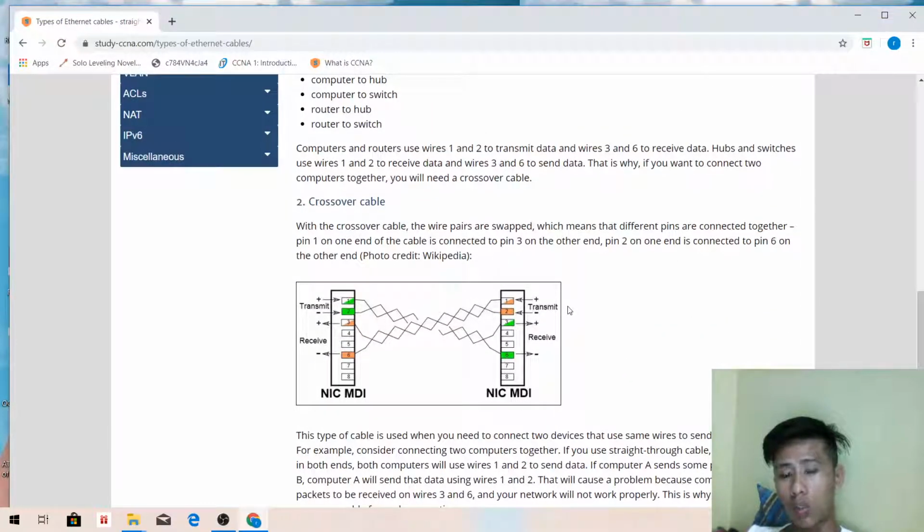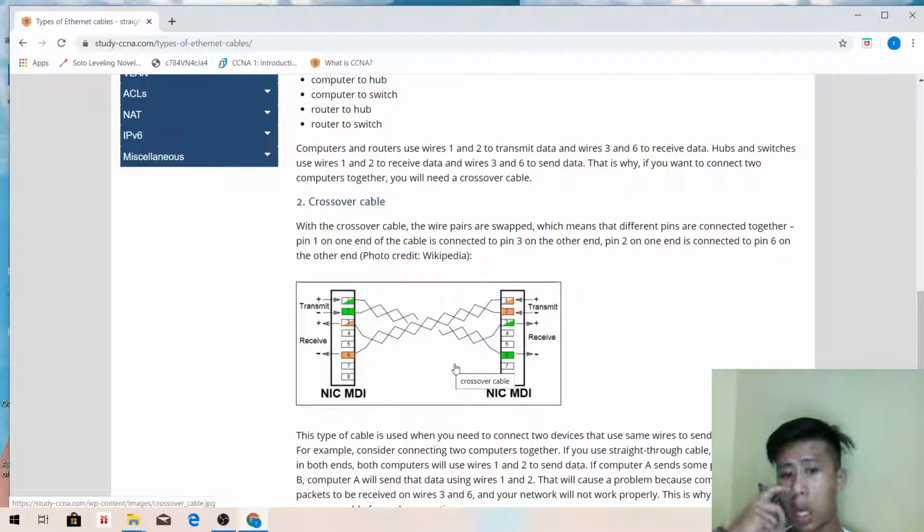What is a crossover cable? With this crossover cable, the wire pairs are swapped, which means that different pins are connected together. Pin 1 on one end of the cable is connected to pin 3 on the other end, and pin 2 on one end is connected to pin 6 on the other end.